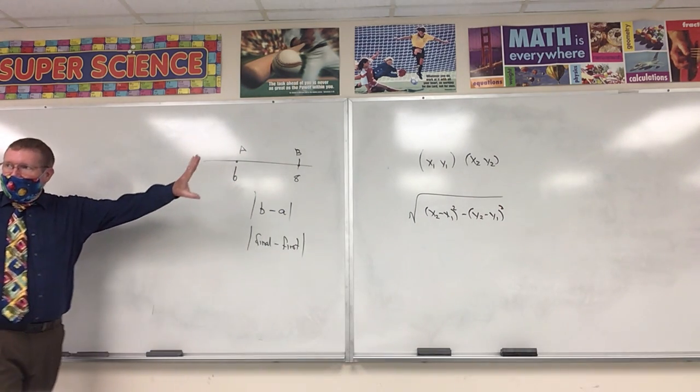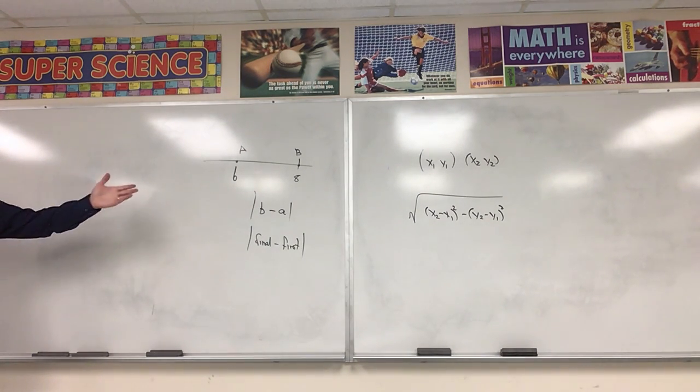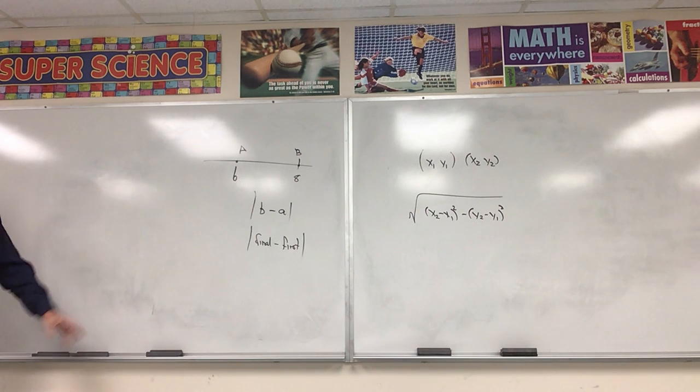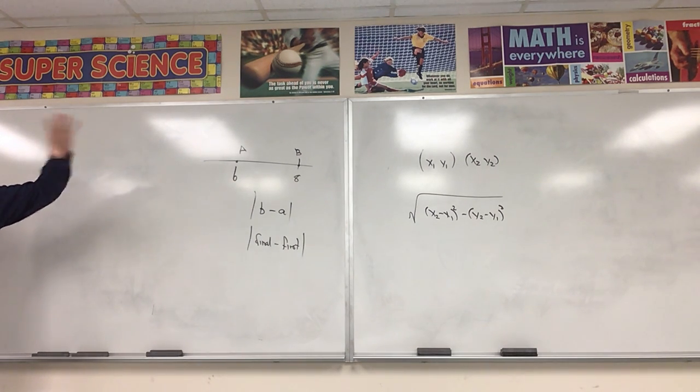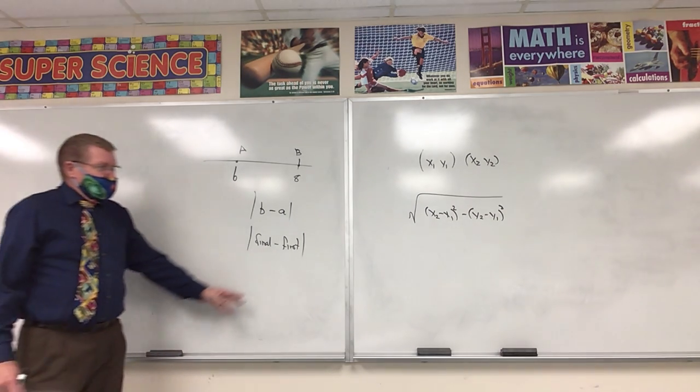Should be familiar. Distance formula. I don't want to show you how to get that right now, but it basically deals with the right triangle. The hypotenuse squared equals the sum of the two legs squared. It's basically what we have here.